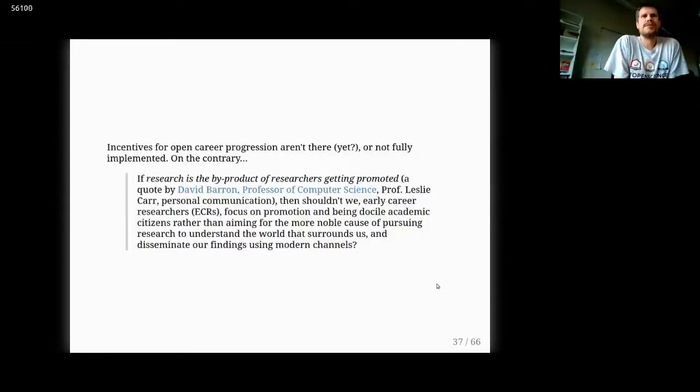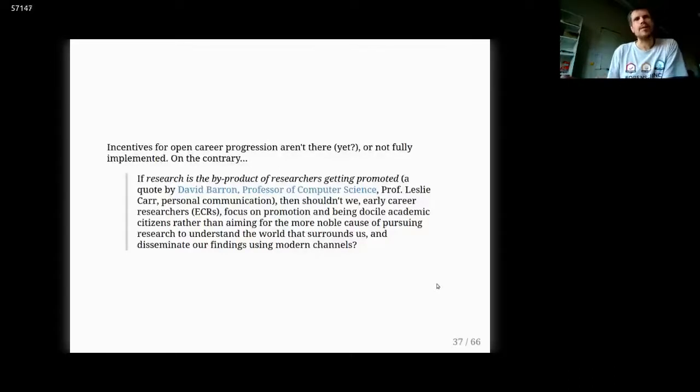If we think that research is the byproduct of researchers getting promoted, right, getting the next job, well then, and that's a very honest question, shouldn't we, as early career researchers, focus solely on the promotion, and being a docile academic citizen, do what your senior peers have done, rather than aiming for change, for maybe a more noble cause of pursuing research to understand the world around you and do it openly?